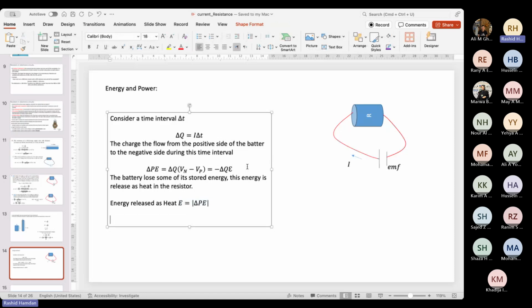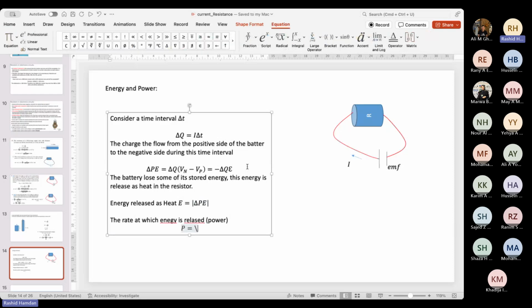Now, I can define the rate at which energy is released. The rate at which energy is released is equal to the power P, let's take it as an absolute value again, delta PE over delta T, this time interval that I considered. So now let's replace these terms here.